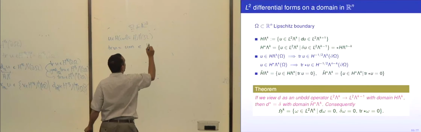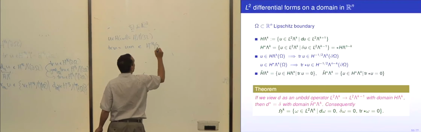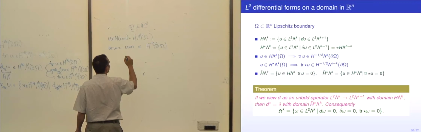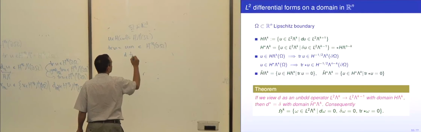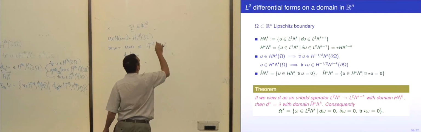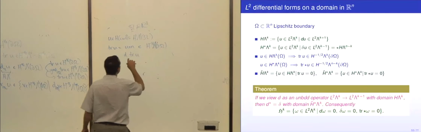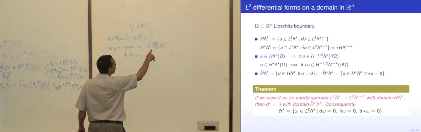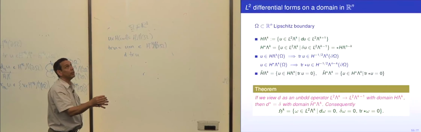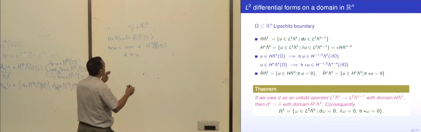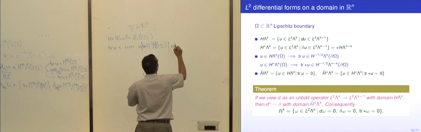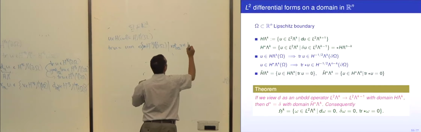This is in H minus 1/2 of the boundary of omega, but it's a special function in H minus 1/2. It has a property that d of it is also in H minus 1/2. This is a 1-form, by the way, and by d of it, we mean d on a 1-form. So that would be on the boundary, which is a 2-dimensional thing. That would be the rot operator. So u cross n is in the set of v in H minus 1/2, such that rot on the boundary of v is also in H minus 1/2.